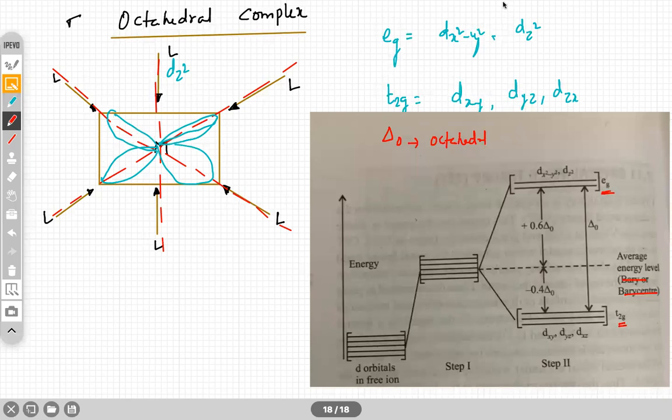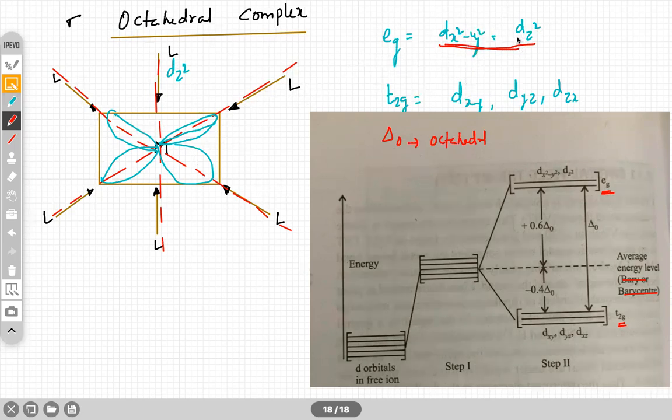But when I tell you that these two orbitals go to the higher energy level, you will ask me, sir, why do these two orbitals go to the higher energy level? To clear this, we are understanding it this way: if an octahedral complex is forming, the ligand has to approach along these lines, and along these lines we have these two orbitals present.